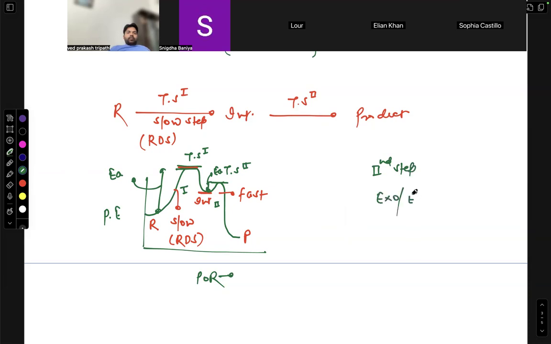I'm talking about the second step. Yes, the reactant energy is outer than the product if you compare. So the second is my exo. And what about the first step? Very good. It's endo. Perfect.